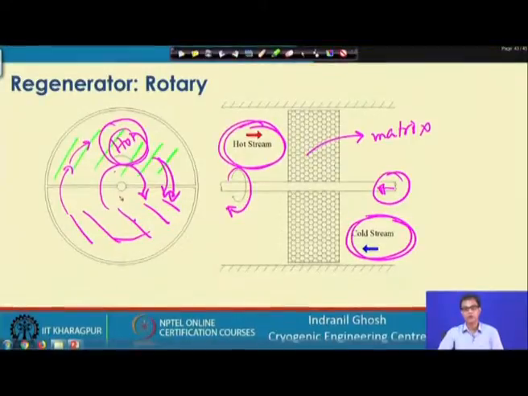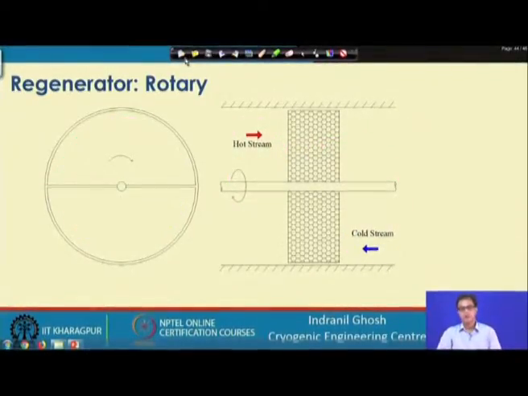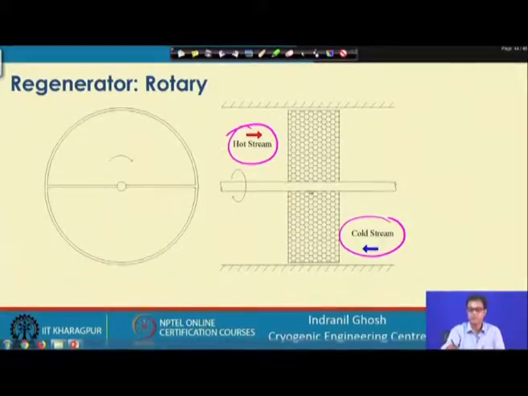This is in contrast to the fixed bed one, where we used a set of valves to divert the flow and the matrix remained fixed, whereas here the fluid streams remain stationary, they are not changing position, and the matrix continuously rotates between the hot and the cold fluid stream to exchange energy from one fluid to the other.